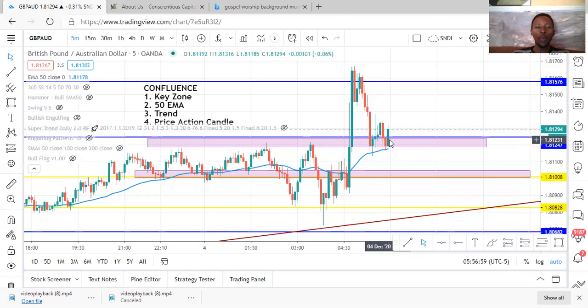Hope you get what I'm talking about. So please get this, this is money. This is money we are talking about. You don't just put your money in if you cannot go by the rules. These are the rules. The confluences: you make sure that at least 3 of the confluences are satisfied before you take a trade.